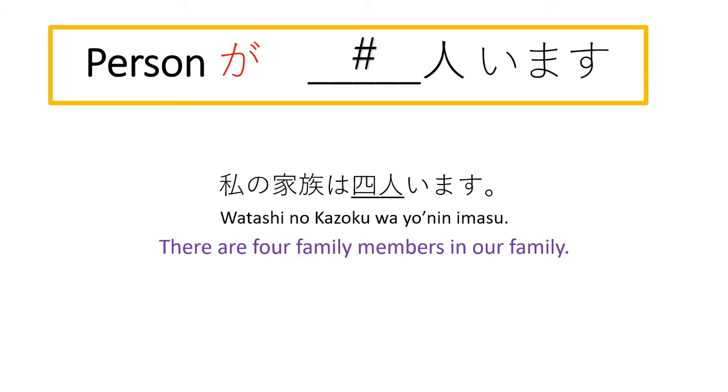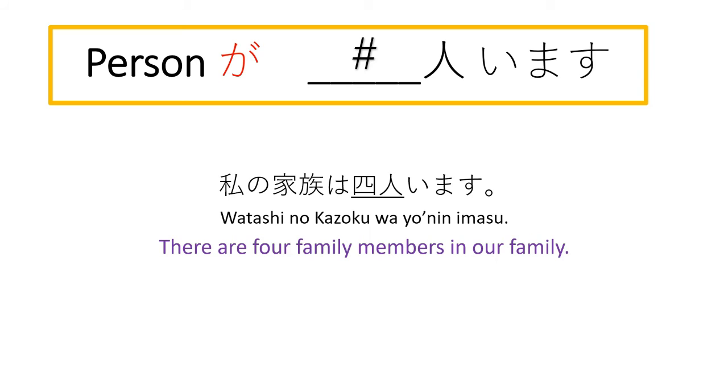私の家族は4人います。There are 4 family members in our family. As you can see here, if we translate this literally, there are 4 people in our family.